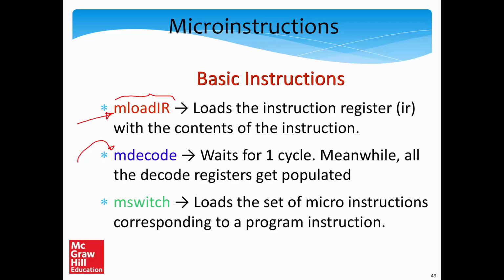Next is M decode. This is a one cycle instruction where all the decode registers get populated. We read the contents of the instruction from IR, and all the decode registers, which are essentially the immediate bit I, RD, RS1, RS2, the extended immediate, and the branch target, get populated. Recall that we are interchangeably using the term micro register and register, so please infer them from the context.